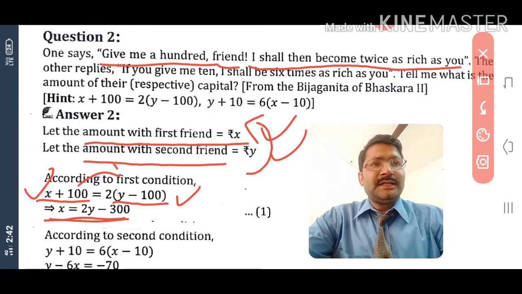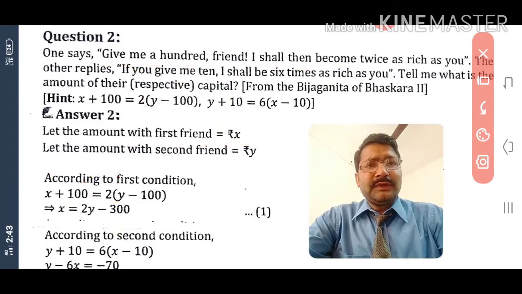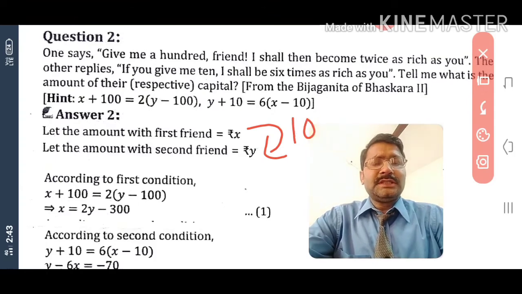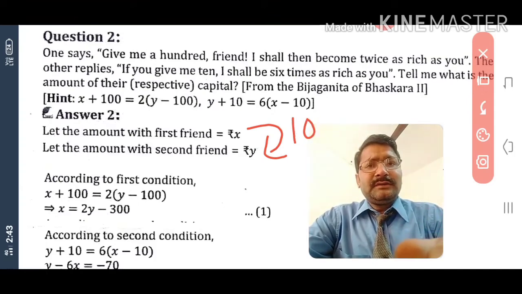Now look at the second condition. The other reply, from the second friend: if you give me 10, means x will give 10 rupees to the second friend, then y will have more money, y plus 10, and x will have less money, x minus 10.